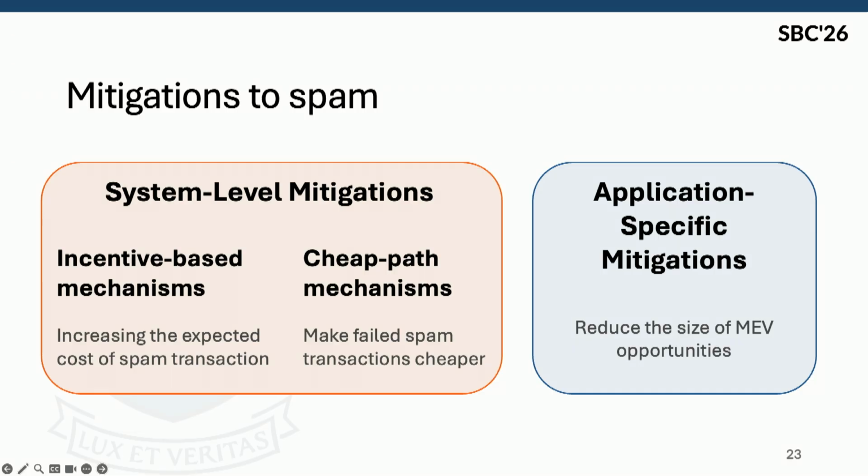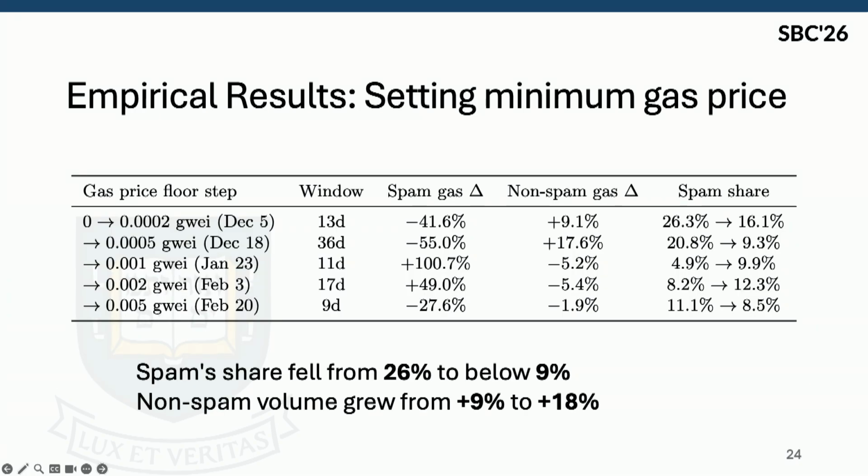Firstly, there is the incentive-based mechanism, which is increasing the expected cost of spam transactions. For example, you might want to increase the minimum gas price. And secondly, there are cheap-pass mechanisms, which essentially make failed spam transactions cheaper to execute at the blockchain level. Both of them are possible, and we do see that with some of the measures taken, you actually reduce the spam transactions on chain.